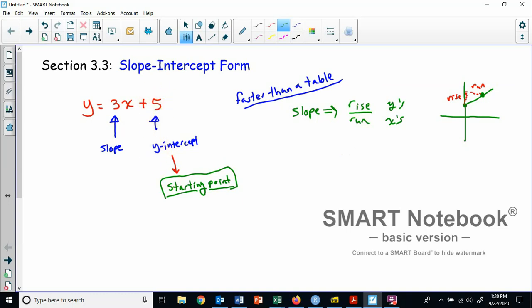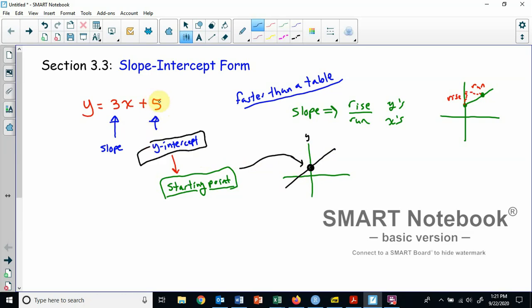If you're looking at a grid, the y-intercept will be the point where the graph crosses the y-axis. So we're always going to find a starting point by just looking at the y-intercept.